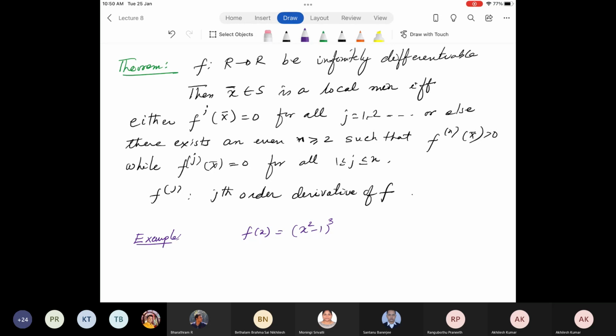So find del f, H(x), and see which points are local minimum, which are not. Give me a 5 minute break also, to soothe my throat a little bit. We'll meet again at 11 and then we will do it. Thank you, guys.